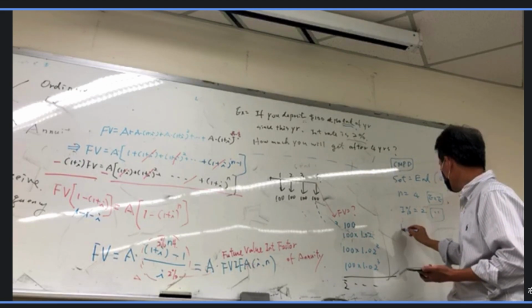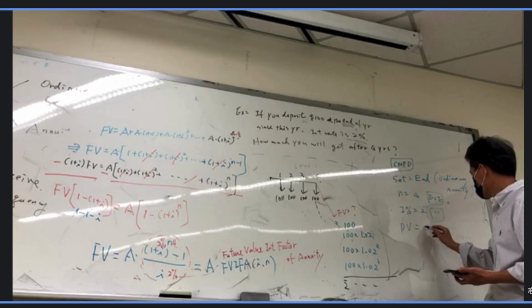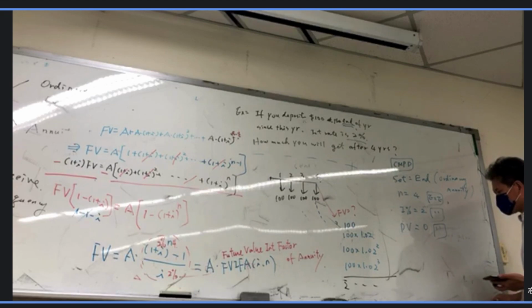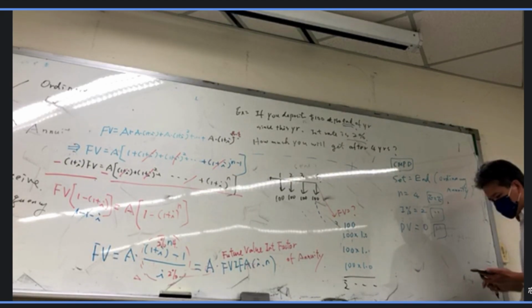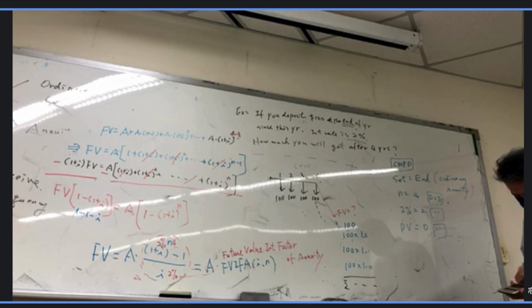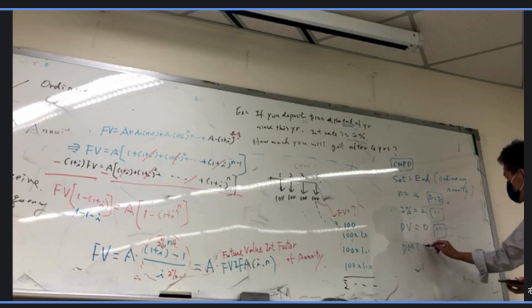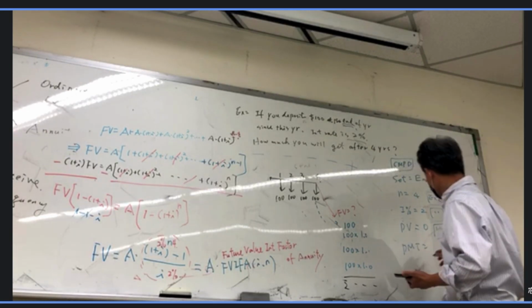And the PV, we don't have PV here, so input 0. And the PMT, this is our PMT as the ordinary annuity, is 100.